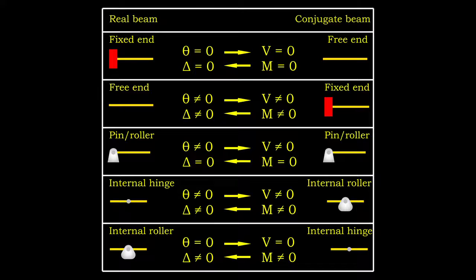In conjugate beam case, it means this point should not contain any shear force and bending moment, and this is possible if and only if it is a free end. Same concept for the free end of real beam, where rotation and displacement exist. The best way to describe this behavior in conjugate beam is by assigning it a fixed end.